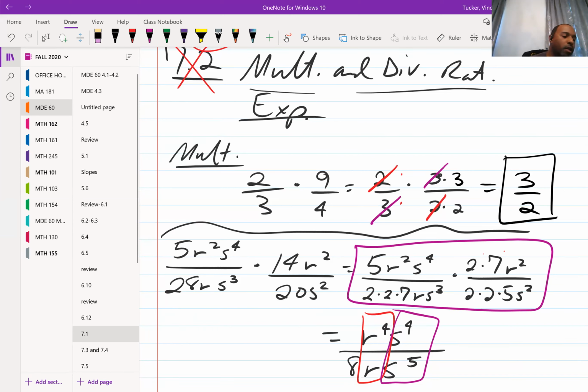All right. Any questions on that? All right. So from there, what I did was I canceled out any of my numbers, my coefficients, not looking at the variables. I was trying to do it in pieces to make sure I understood what's going on. So I didn't do everything at once. There's a 2 that's in common with the top and bottom.